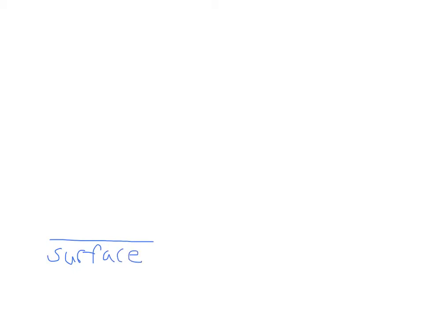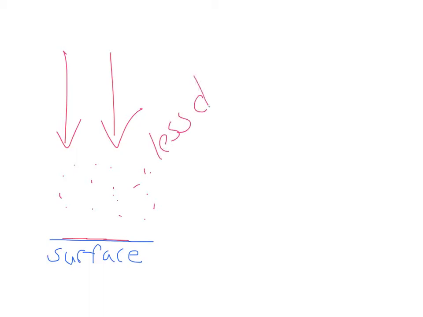Now, if I have heat coming down from the sun and it's heating this surface, so we're going to get some heat, right? What is going to happen to that surface? Well, the air over it, all these particles of air out here, are going to heat up. Now, what happens when it heats up? It becomes less dense.